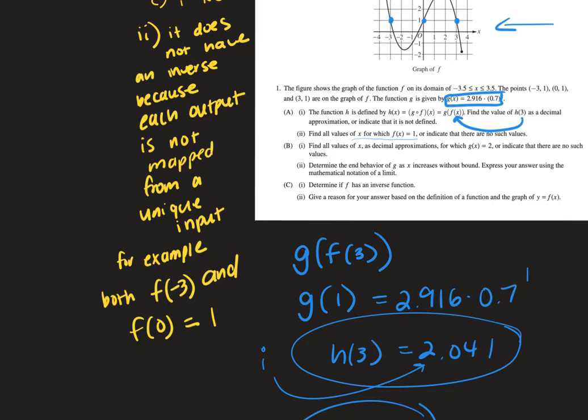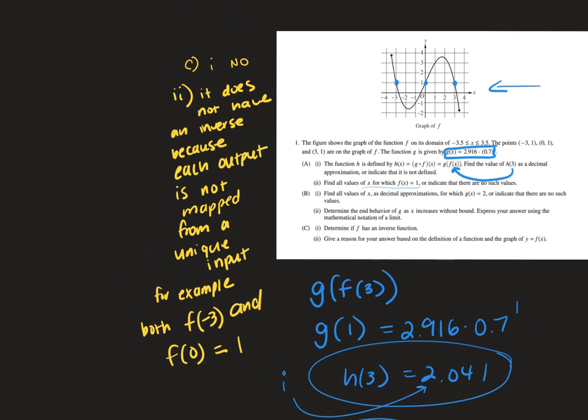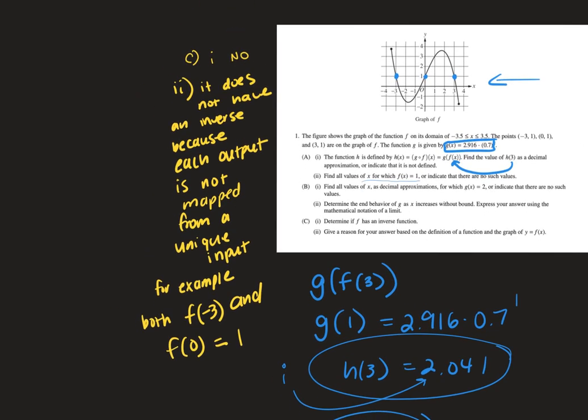It says it's not mapped from a unique input, but each y value has a unique input. No, there's a y value that has a repeated input. Y equals 1 is your output. It's not mapped from a unique input. There are multiple inputs that gave you the same output.